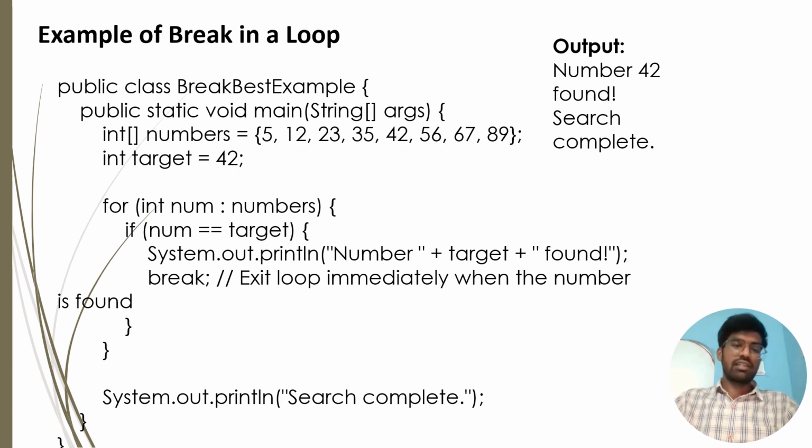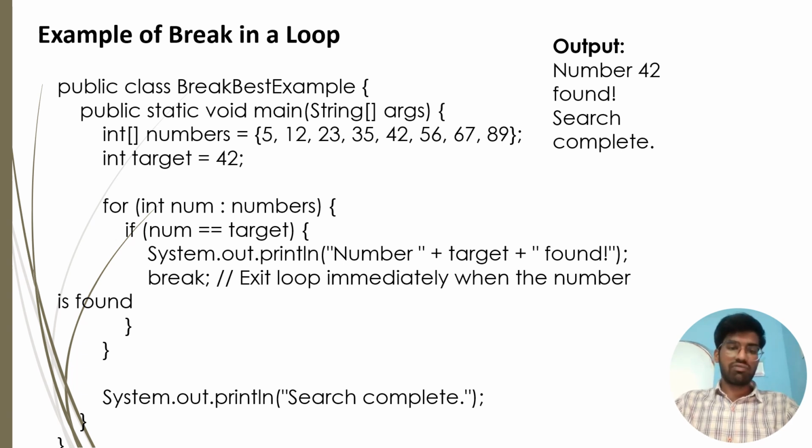Next, an example under the Java topic: creating a class for a break example. In that we use the main method, public static void main(String[] args). Here we create an array named numbers with elements 5, 12, 23, 35, 42, 56, 67.